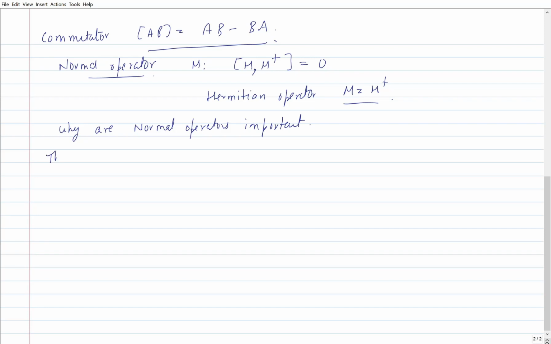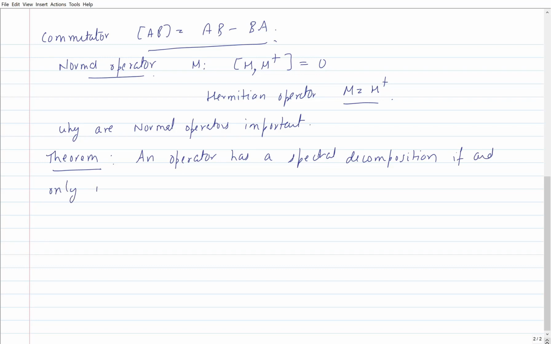Well, there's a theorem that says that an operator has a spectral decomposition if and only if it is normal.